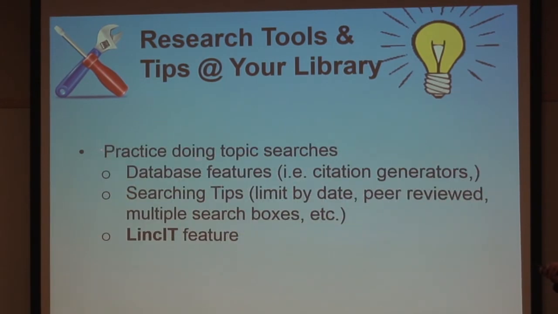And while we've done a few practice topic searches, you've learned about features like the citation generation, which is one of the favorites. Yes, and it saves people time. And searching tips: limiting by date, peer review, and multiple search boxes when your search is getting more involved, with several concepts. And then the Link It feature. And then that service that we have called Interlibrary Loan.